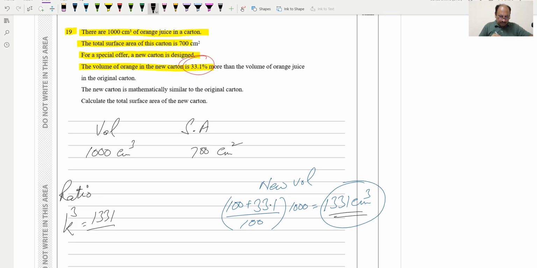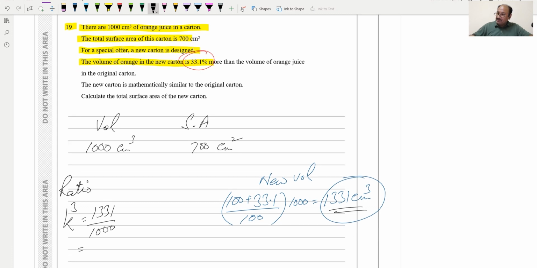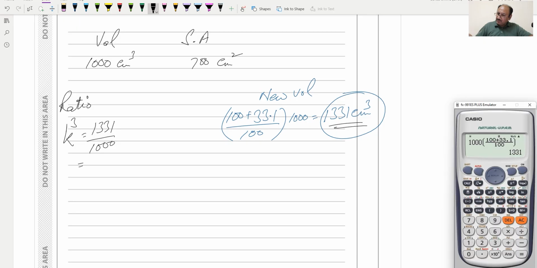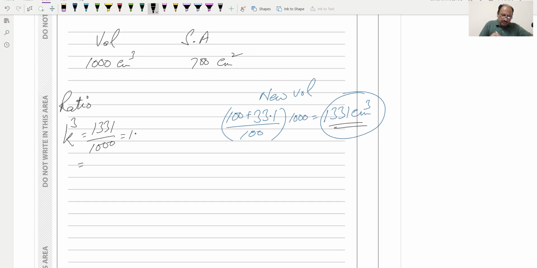This will be the ratio of increase of volume, and we can calculate: divided by 1000 is equal to 1.331. So this is equal to 1.331. This is the k cube value.